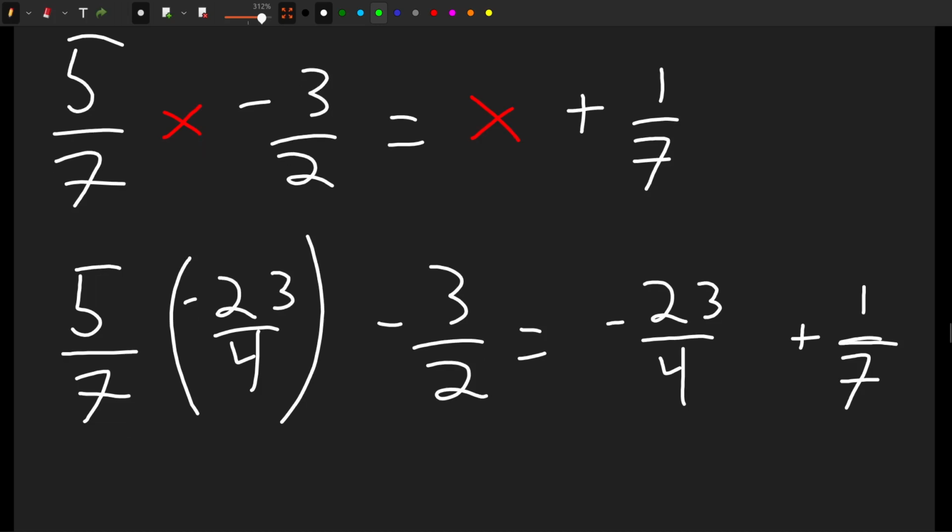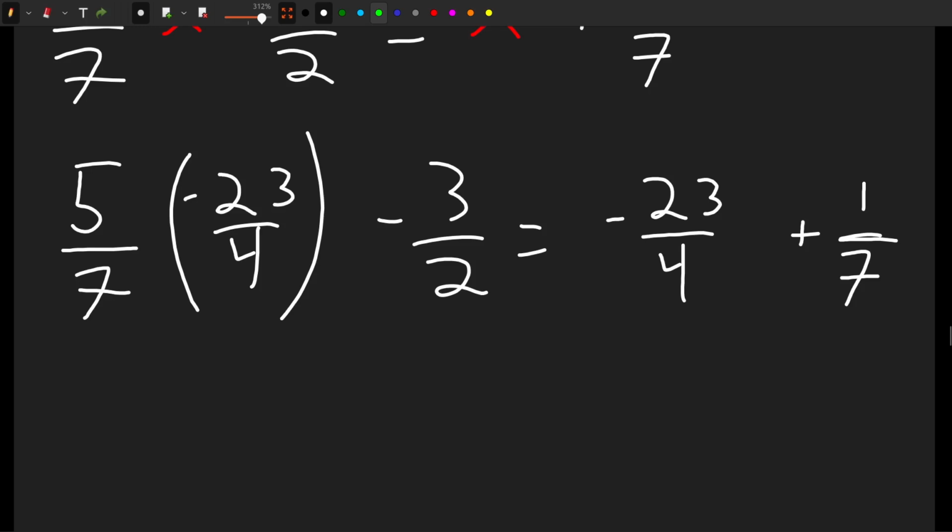Okay. What I'm going to do here first is I'm going to multiply this term together, and then I'm going to find the lowest common multiple of what's left. Sound like a good plan? Here I'm going to have 28, 2, 4, and 7.